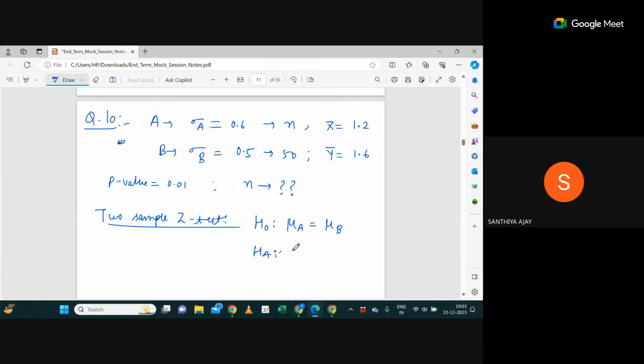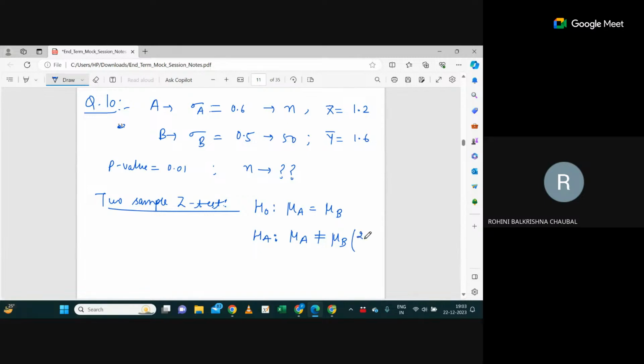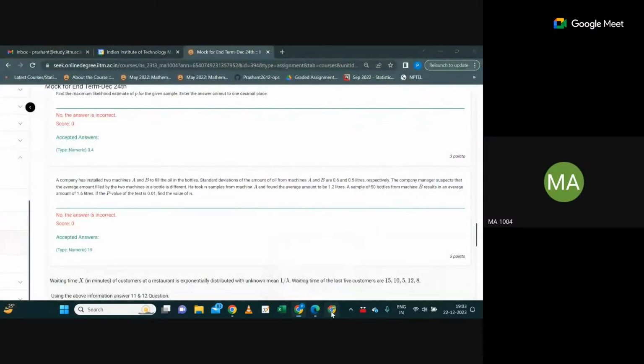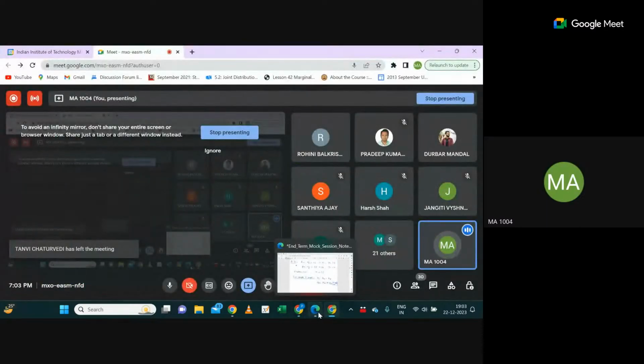Mu A not equal to mu B. There is no information on which machine is superior or inferior, so this is a two-tailed test, right? It is not given that mu A is equal to mu B, so how will you define your hypothesis?